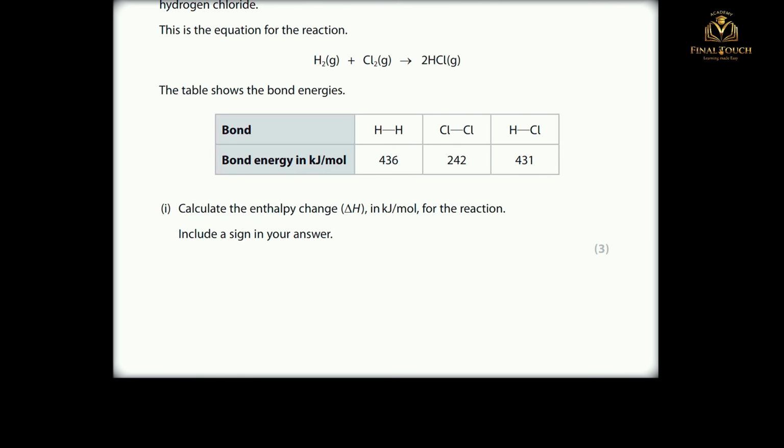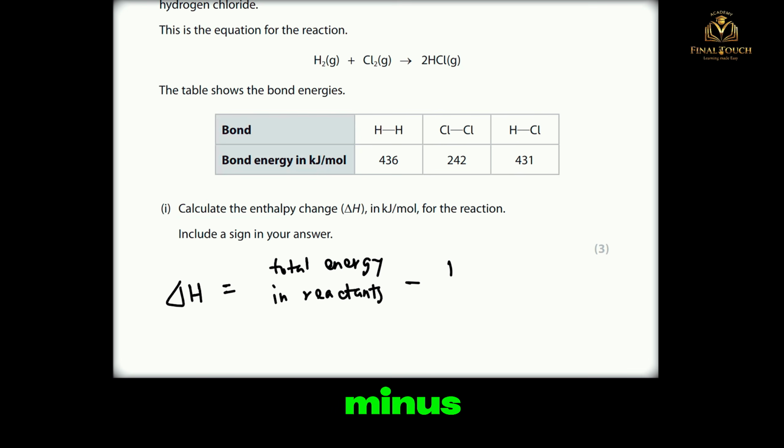So we know ΔH equals total energy in reactants minus total energy in products, or the total bond energy.